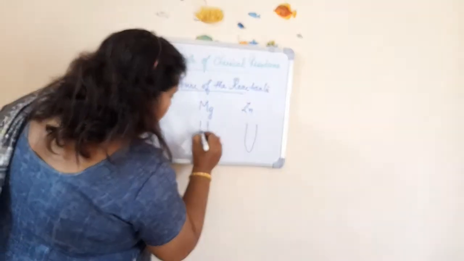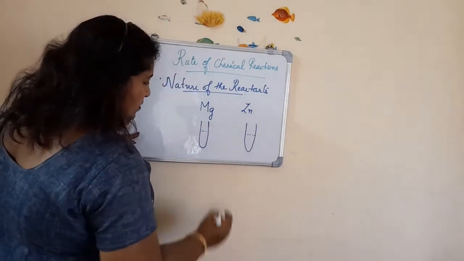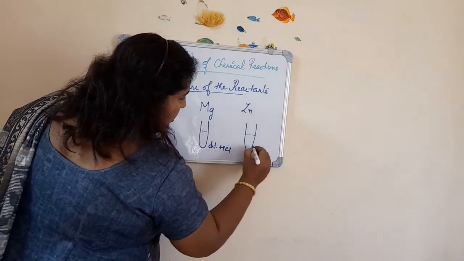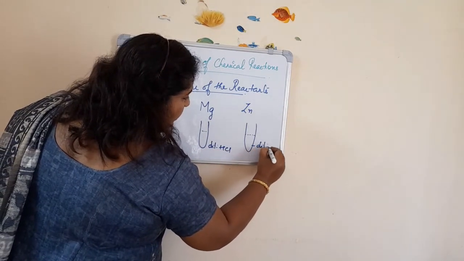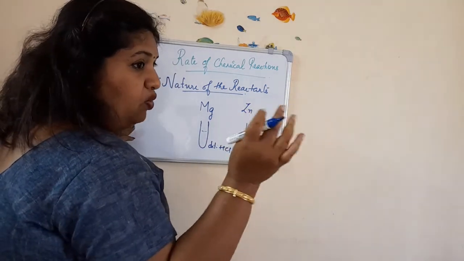Then I am adding acid, dilute HCl, here and here also, the same quantity. Not a bit more, not a bit less.